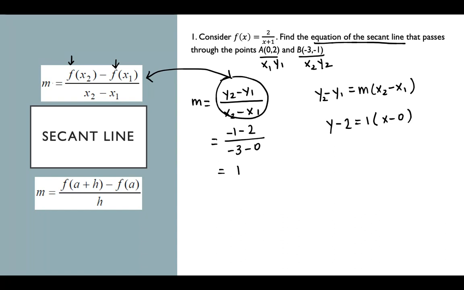Okay, so then y minus 2 equals 1x. You bring it to the other side, x plus 2. So therefore, the equation of a secant line between points A, B is a straight line.